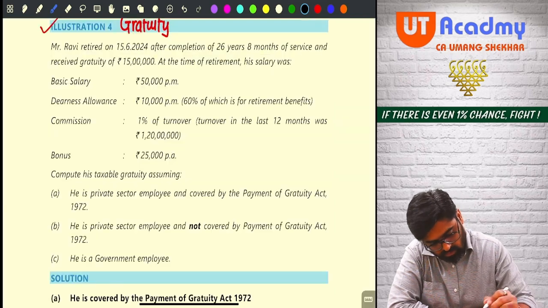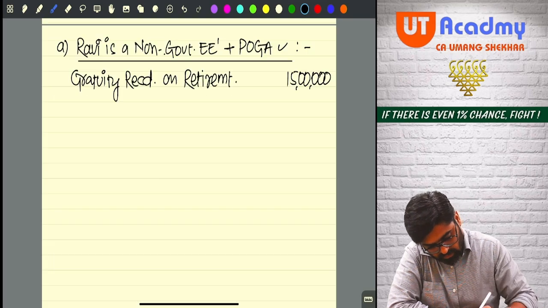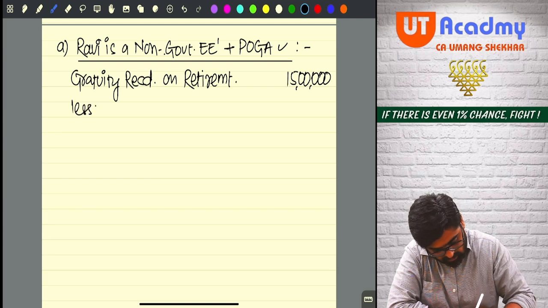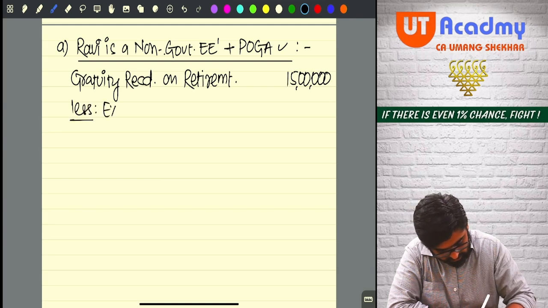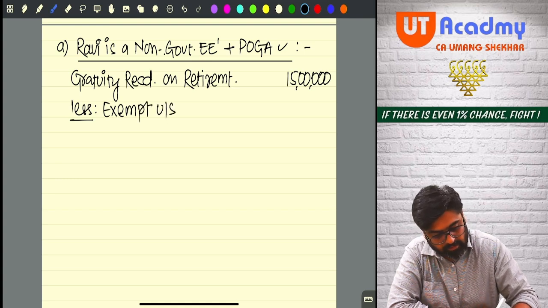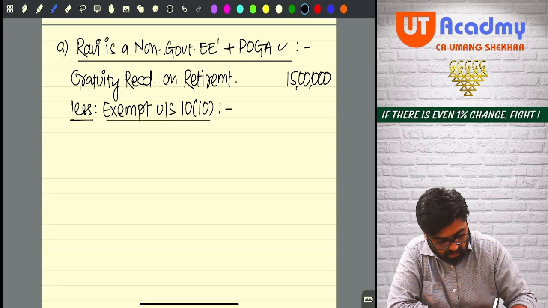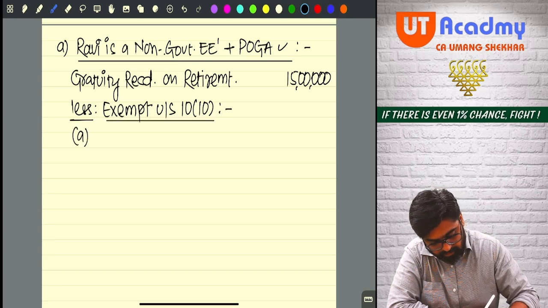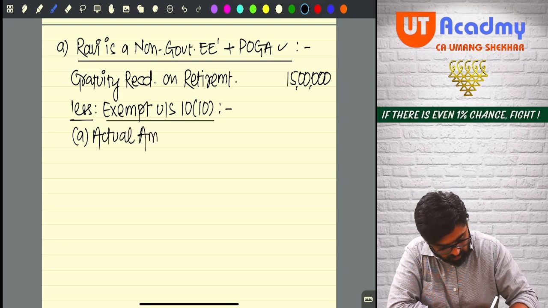15 lakhs? Yes. Less exempt. Under which section is the exemption given? 10(10). Remember this section, okay? How much is the exemption? A, actual amount, which is 15 lakhs.